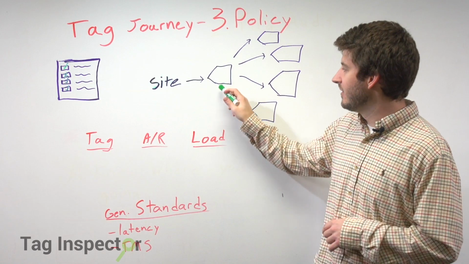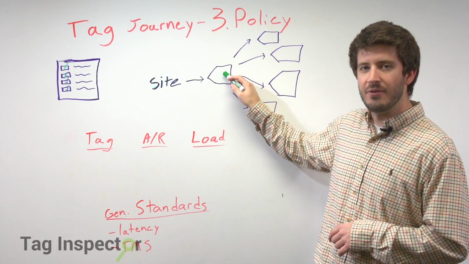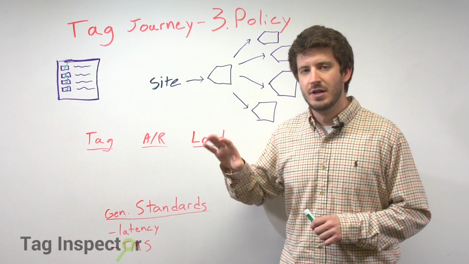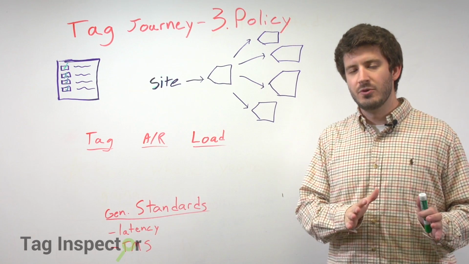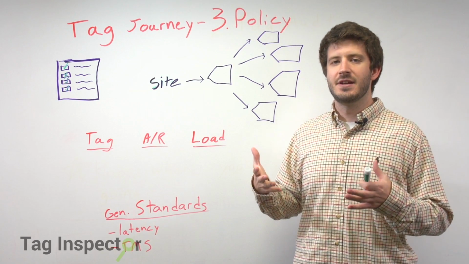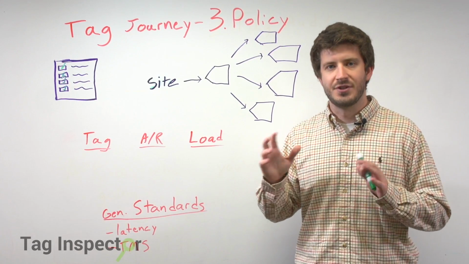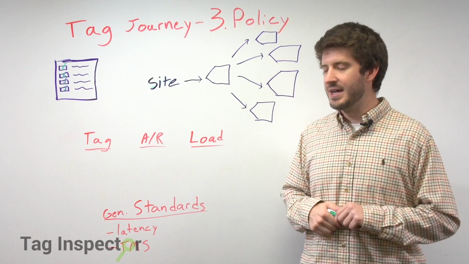So identify the ones in this sort of scenario that are loading directly from the site and loading directly from the tag management system. Start identifying those that should be removed, and then you'll be left with a list of those that are allowed on the website, at least allowed on that first level of the website.